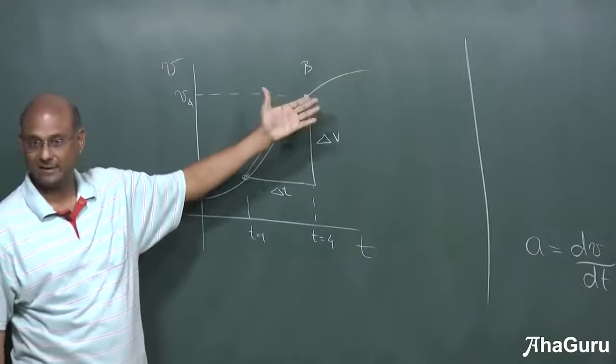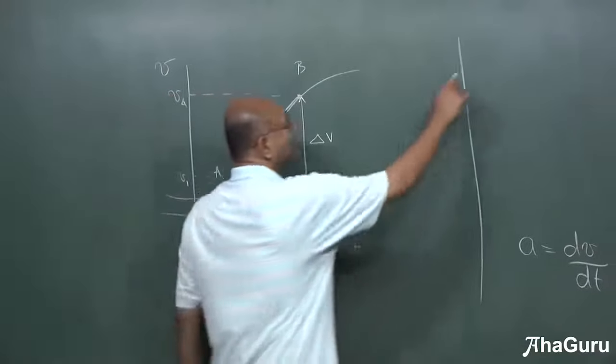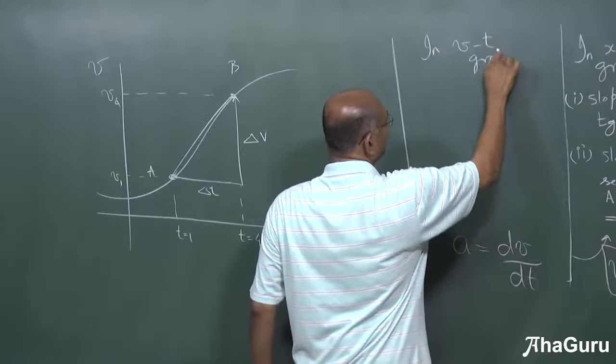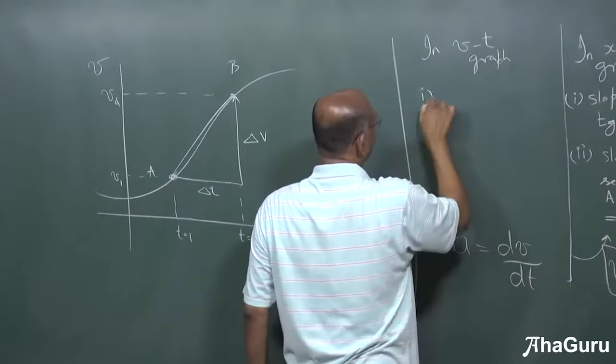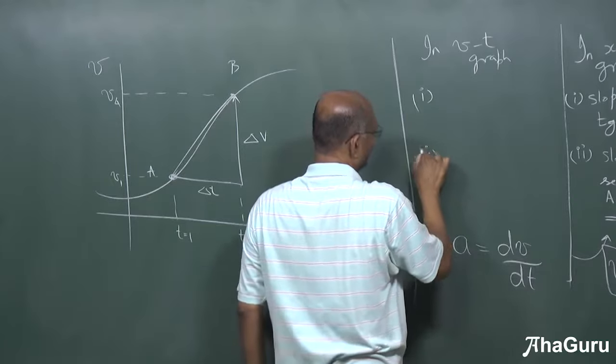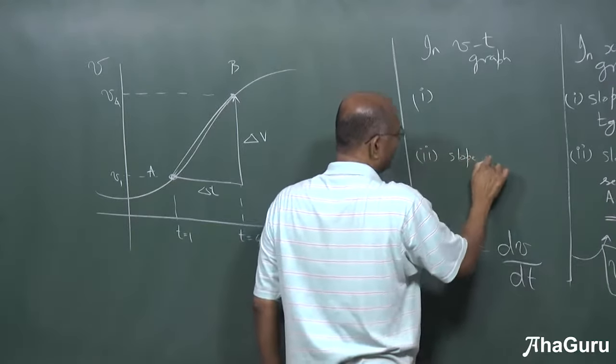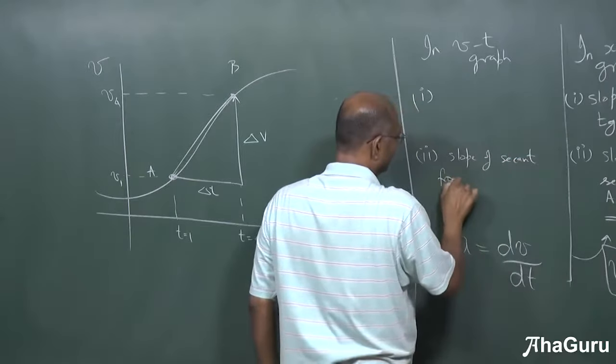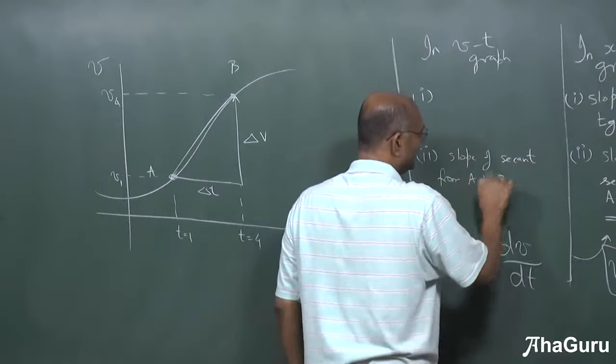What line? Secant. So in a VT graph, the slope of the secant from A to B, what is it?